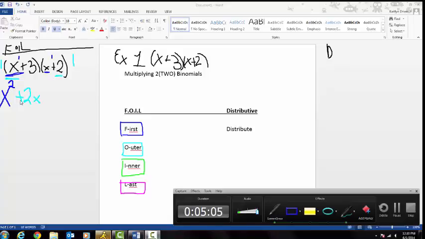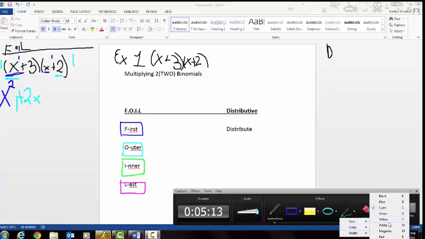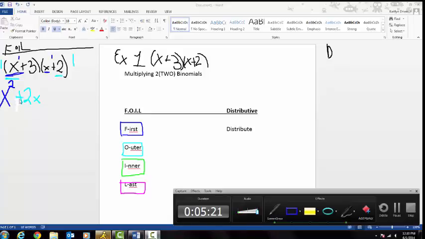Now you need to be sure to include that positive sign because sometimes it'll be negative, and you'll end up subtracting if it's negative. So we're not subtracting there, so we're going to put our positive sign.